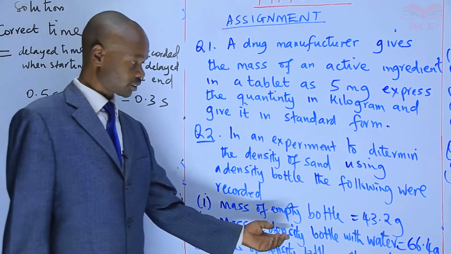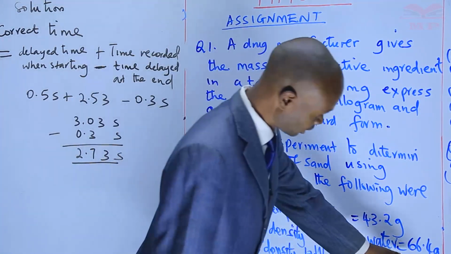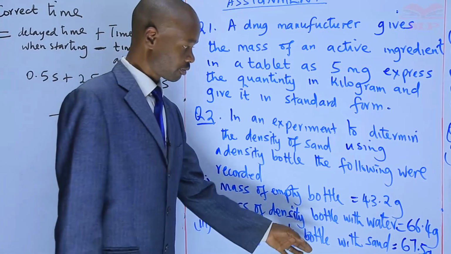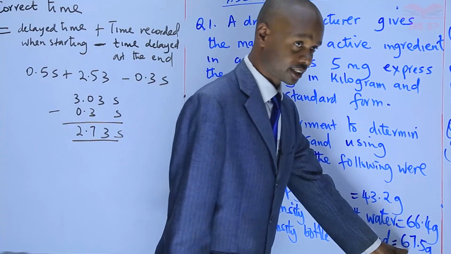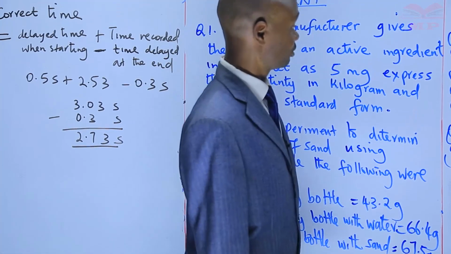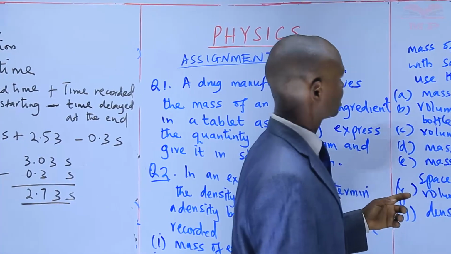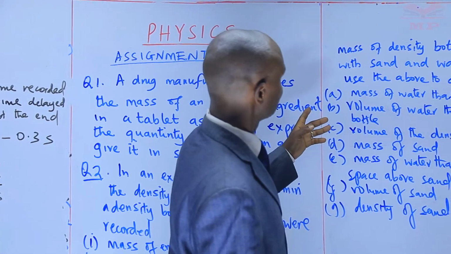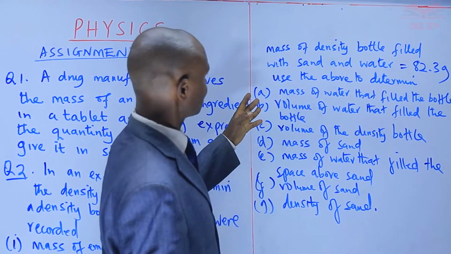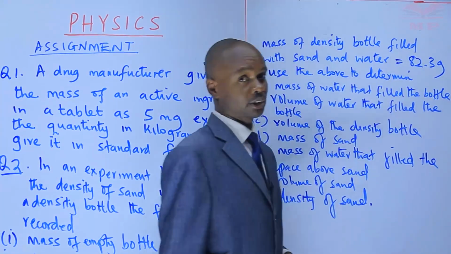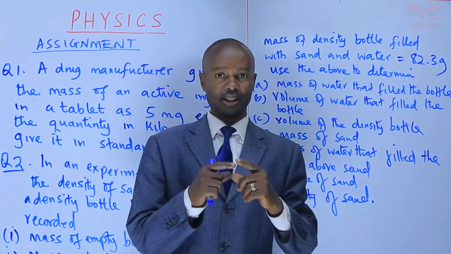Mass of the density bottle filled with water, 66.4. Mass of the density bottle with sand only, 67.5 grams. Mass of the density bottle filled with sand and water, 82.3 grams.